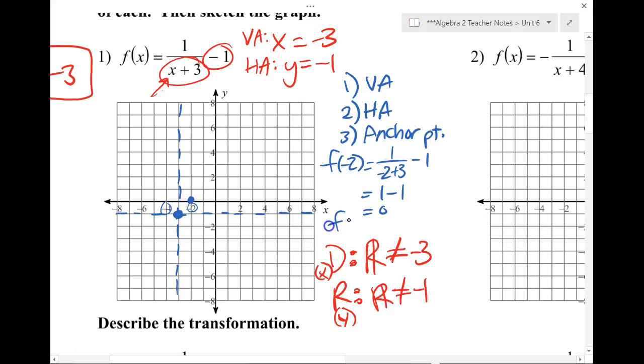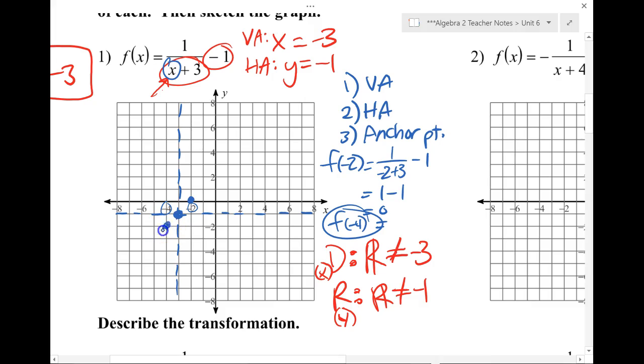Then you're going to do the same thing for the -4 on the left. If I plug that back into my original equation, -4 plus 3 is -1. 1 over -1 is -1. And then -1 minus 1 is -2.